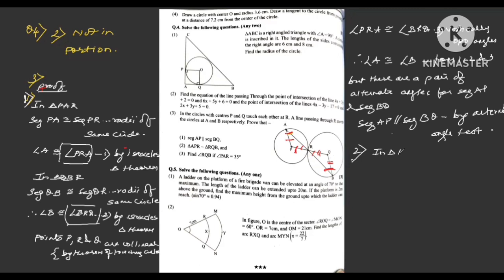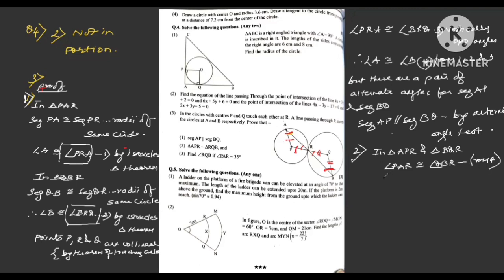In triangle APR and triangle BQR, angle PAR is congruent to angle QBR, you can see this from the fourth statement.